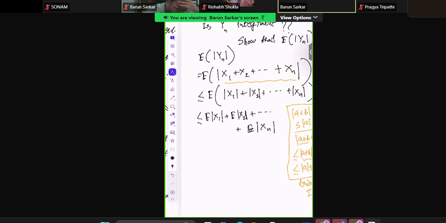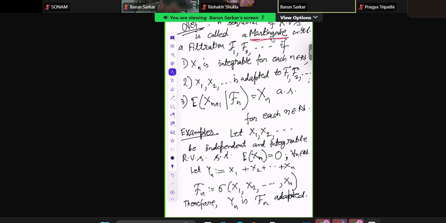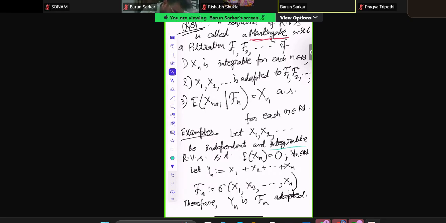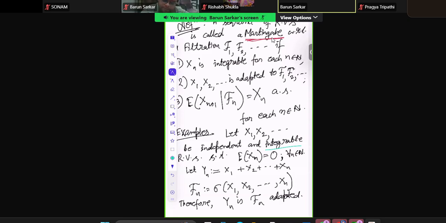What is given is that the xi are independent and integrable, so integrable means the expectation of mod xi is finite for every i.